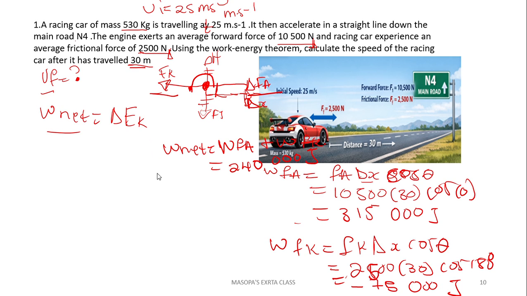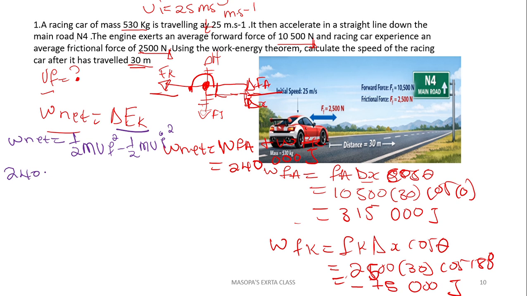So now we need to look for the final velocity of that object. So let's say we have work net equals 1/2 times mass times the final velocity squared minus 1/2 times mass times the initial velocity squared. So our work net done is what?